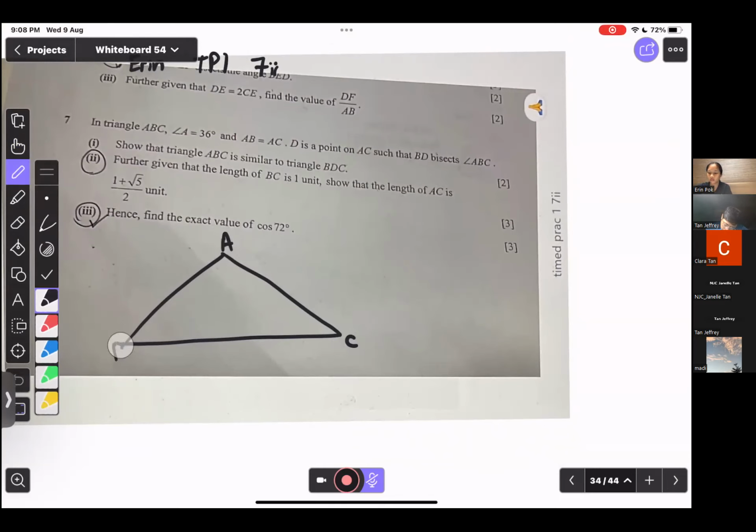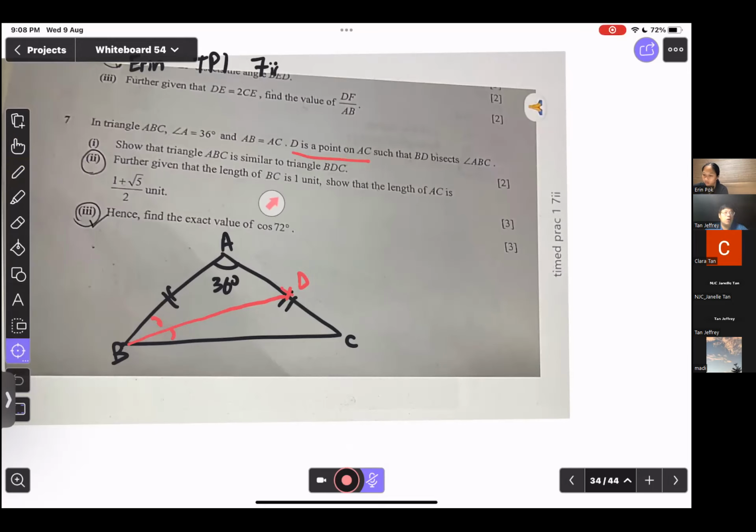AB equals AC, angle A is 36. D is a point on AC such that BD bisects angle ABC. So this is point D. These two are equal. BC is 1 unit, so that the length of AC is 1 plus square root 5.